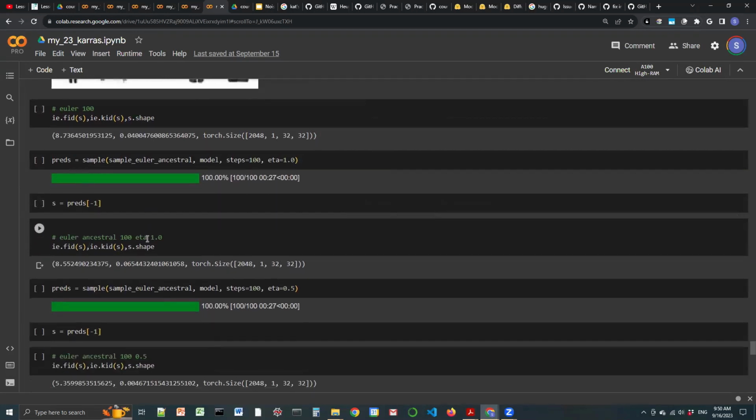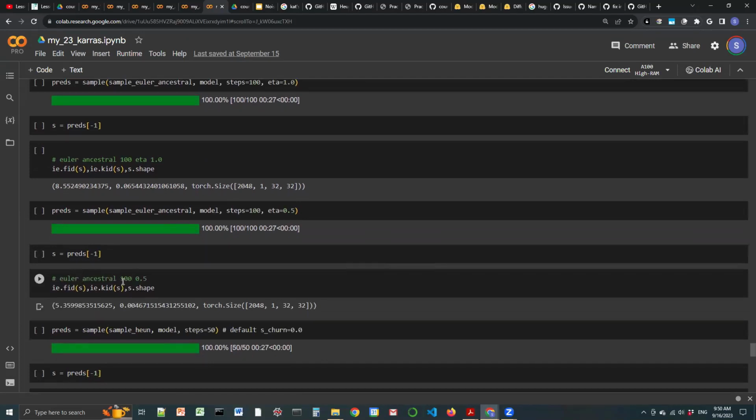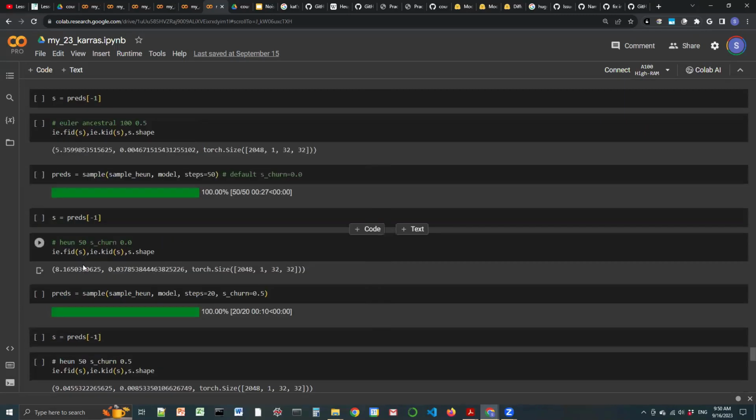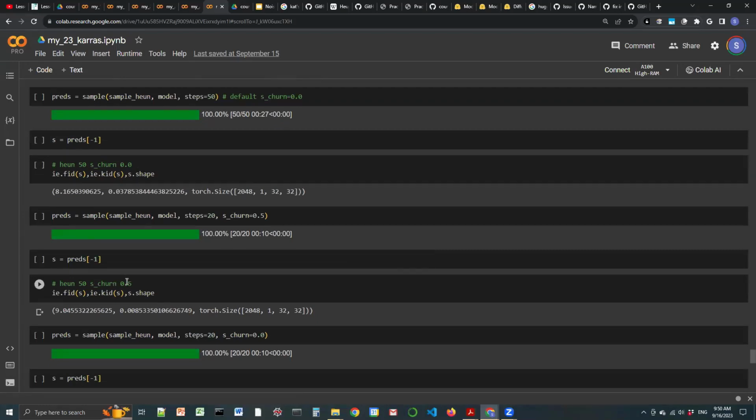Then with ancestral Euler, you get 8.5. With ancestral Euler with an eta value of 0.5, you're beginning to get close to the 3 we saw earlier, 5.35. Heun, which uses multiple steps instead of a single step, so you can calculate multiple values there, gets you 8.16. With a churn of 0.5, you're getting 9 or thereabouts.